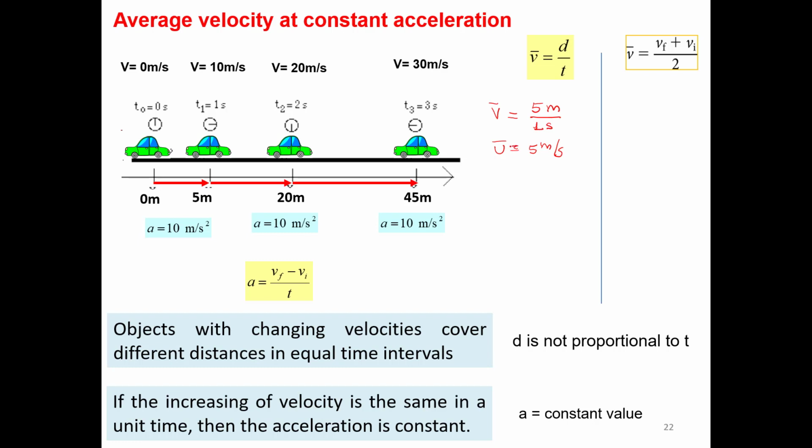The final velocity in this case will be 10, and this will be the initial. Then 10 minus 0 will be 10 meters per second.